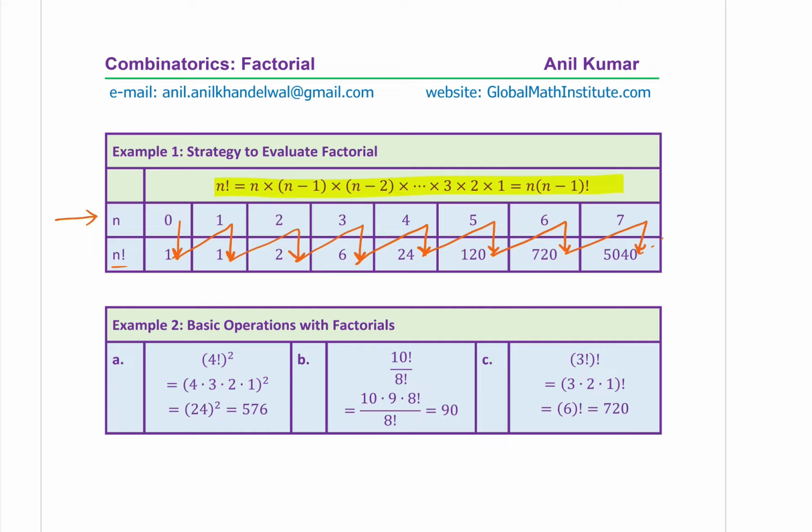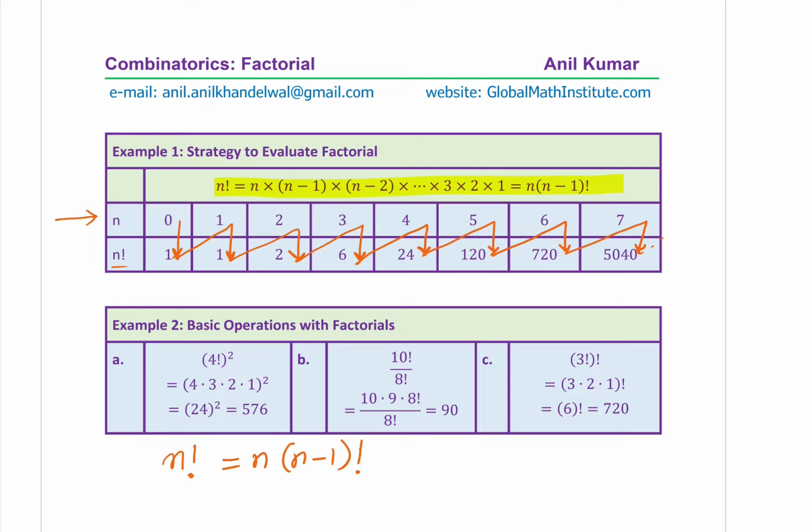Likewise, you can continue and fill up your table. That is how easy it is to calculate such a big number, correct? It was interesting to see that we always took n factorial as the number multiplied by n minus 1 factorial. So we have already utilized one of the important characteristics of this particular series.